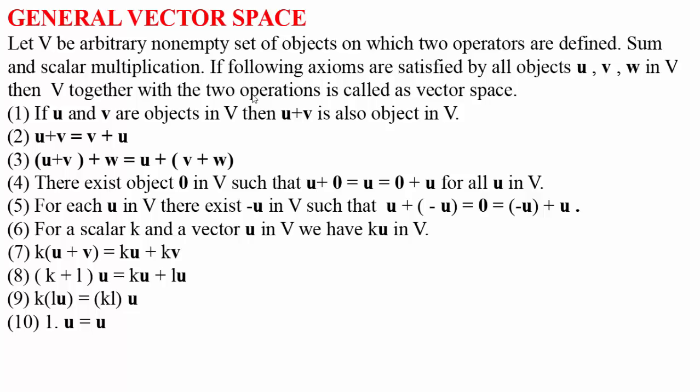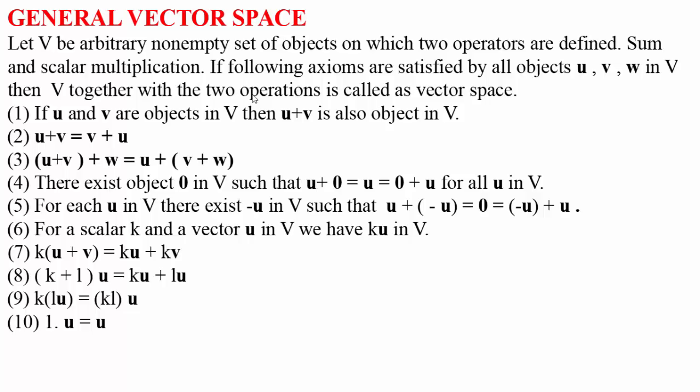Thus, if these 10 axioms are satisfied by a non-empty set of objects, then that set V, together with the two operations, addition and scalar multiplication, is called a vector space. We shall again briefly see the definition.